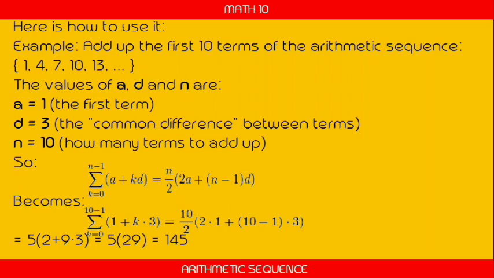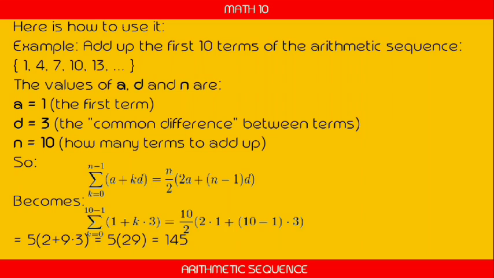So we're going to put the sum from k equals 0 to n minus 1 of (A plus kD) is equal to n over 2 times (2A plus (n minus 1) multiplied by D).